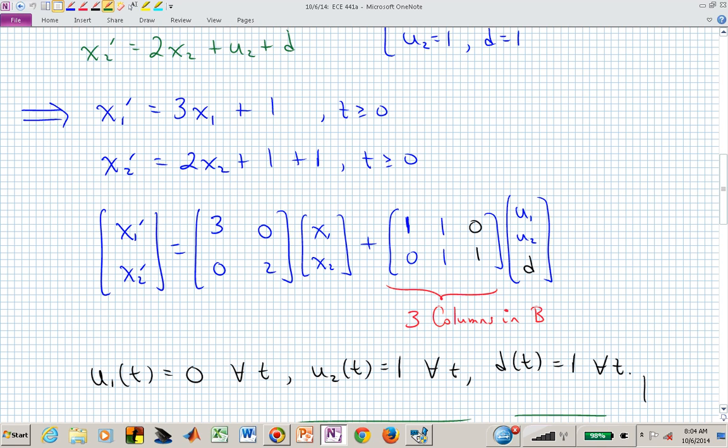But that collapsing of the 3 columns into 1 is really because the structure of those inputs, u sub 2 and D, are both constant. They look the same. Now, if the disturbance was a sinusoidal disturbance, and the input was a constant, you couldn't be combining them in the way that we are combining them. You would have to treat those as separate quantities.